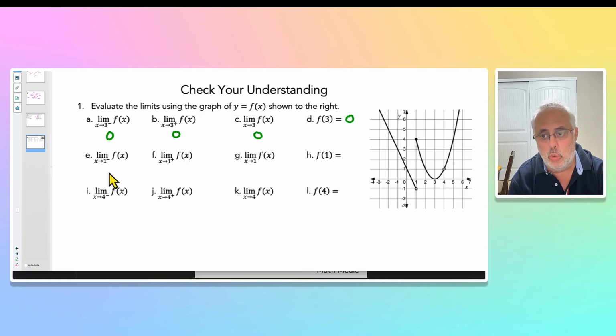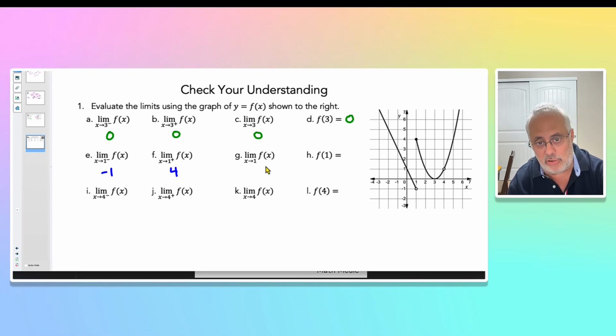x approaching 1 from the left, the limit is -1. From the right, when the x approaches 1 from the right, the limit is 4.